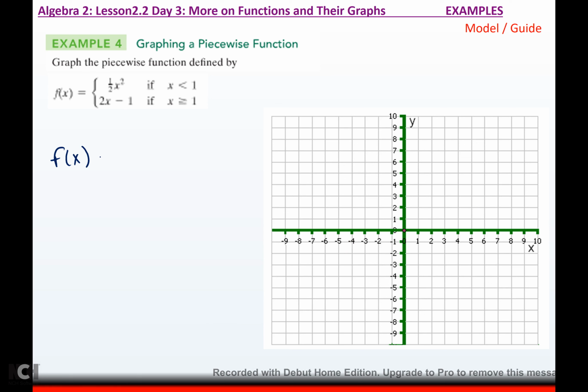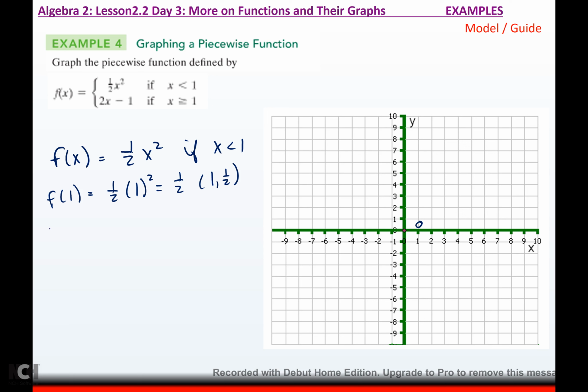If I graph f of x equals 1/2 x squared, if x is less than 1, I'm going to pick 1 to start with, but it's going to be an open circle. That's going to be 1/2 times 1 squared, which is 1 squared is 1, times 1/2 is 1/2, so 1 comma 1/2, and that's going to be an open circle.